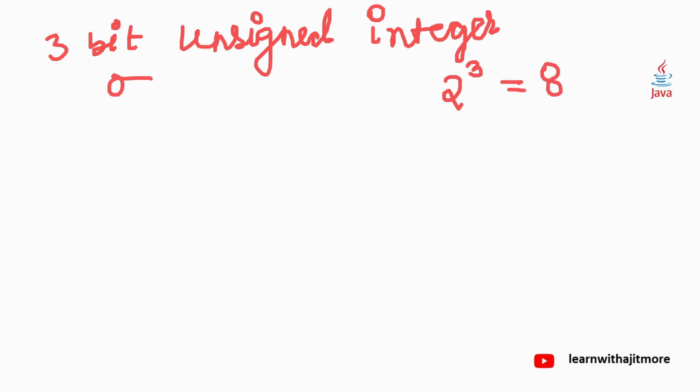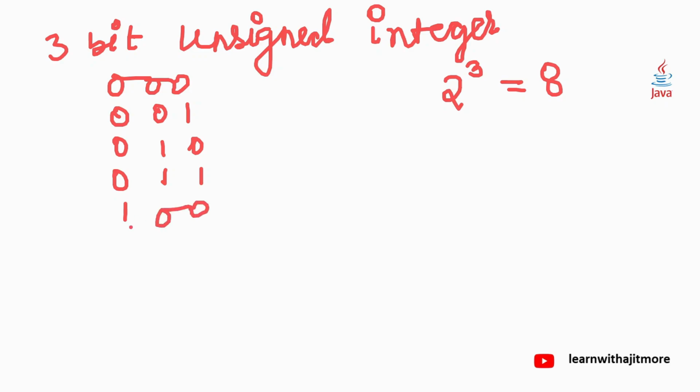Their combinations we can show: 000, 001, 010, then 011, because this is 2, then 3 is 2 plus 1. Next is 100, that is 2 raised to 2, which is 4.